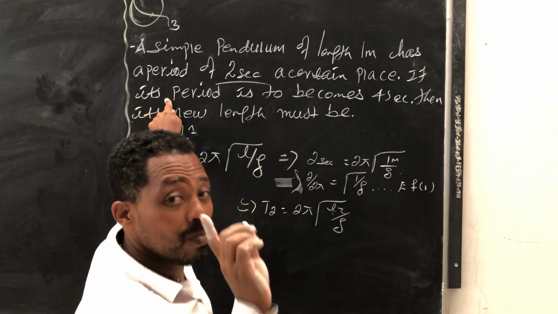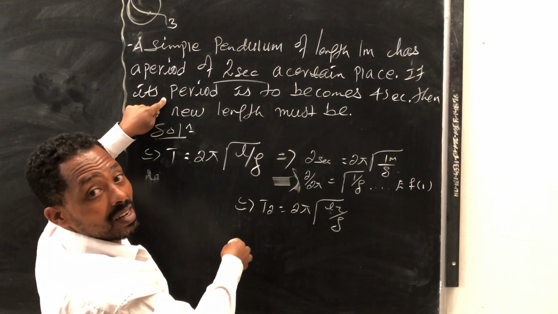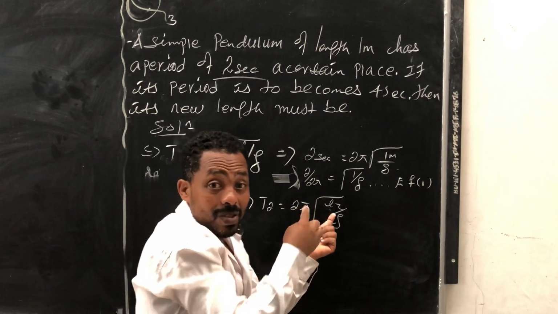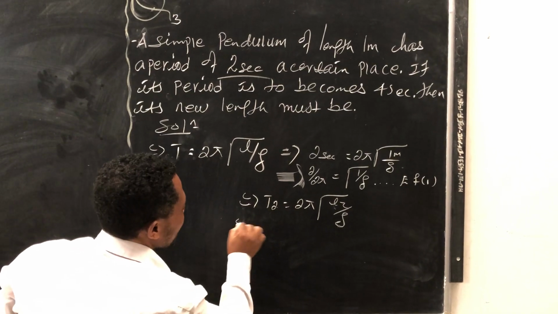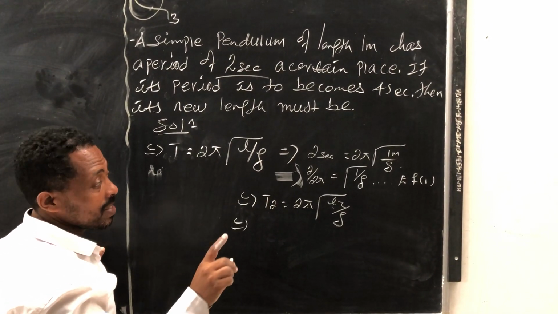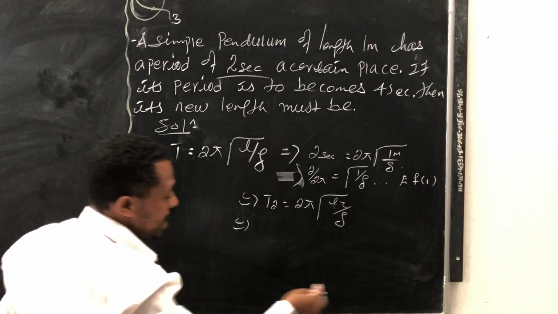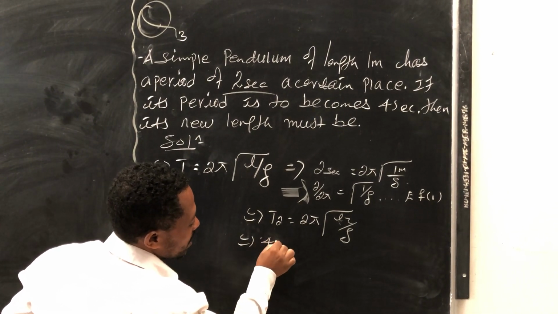And it was a very important thing for the period to be double the previous one, so the length could change. So look, my dears. This is 4 seconds. That means this is double the first one, twice T1. That is 4 seconds.